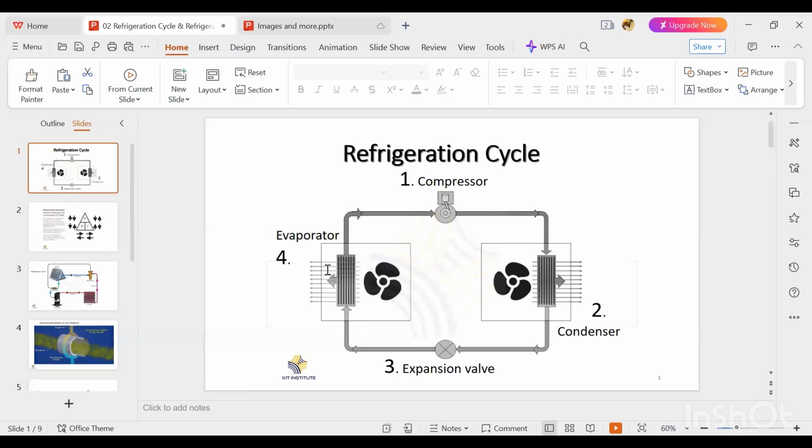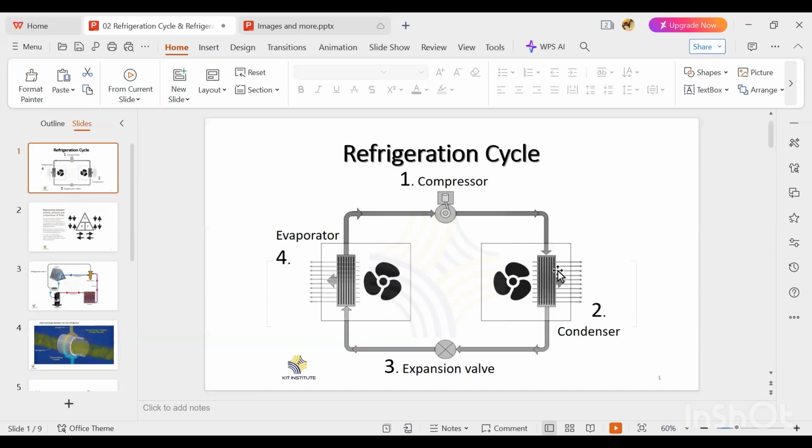So that second statement explains what happens at the coils, the condenser coil and the evaporator coil. As we said, the compressor will increase the temperature. Now, as the refrigerant flows into the condenser, it is going to be very hot.